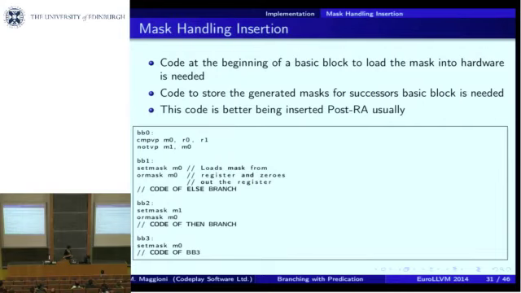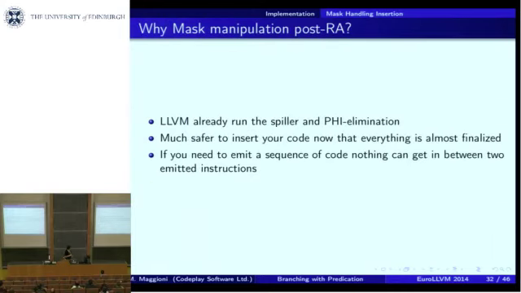The reason is that LLVM makes some assumptions during and just before register allocation, where the spiller can insert code everywhere in the middle of your instruction sequences, and frame index elimination also makes some assumptions. So it might screw up your code if you don't pay attention. So doing that after register allocation is better.